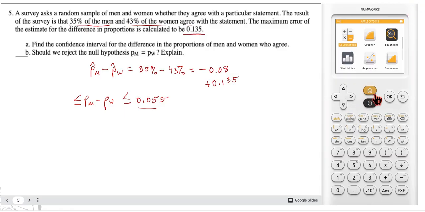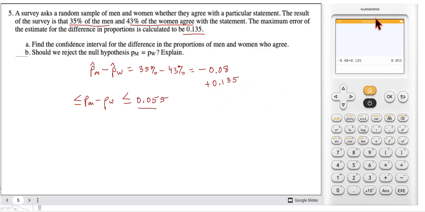Sometimes I go visually, with negative signs and everything it's hard, so we'll just put a negative 0.08 plus 0.135, 0.055, okay?